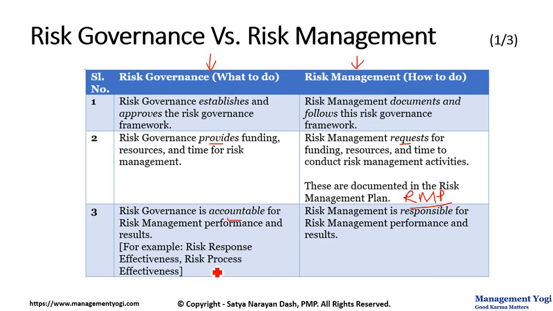So the risk governance is accountable, whereas risk management is responsible for risk management performance and results. Again, if you are expecting that some risk manager or a project or program or portfolio manager is going to be responsible, but there is no accountability at all at a governance level, will it ever work? So risk governance is needed and it has roles to play. Risk management will follow the rules set by the risk governance.